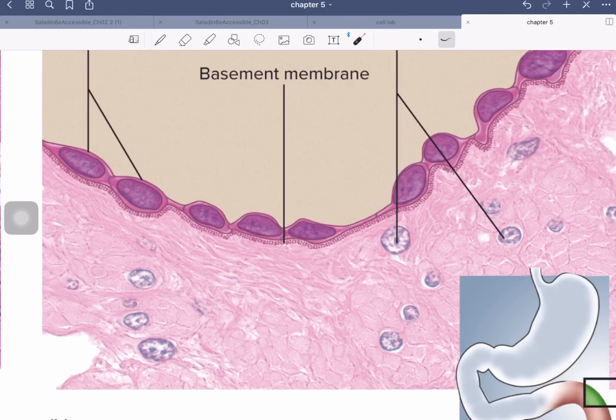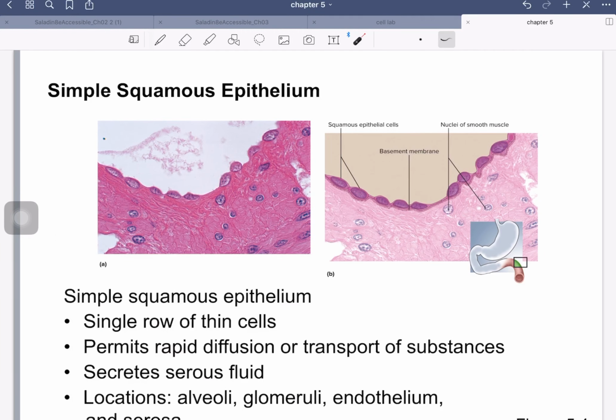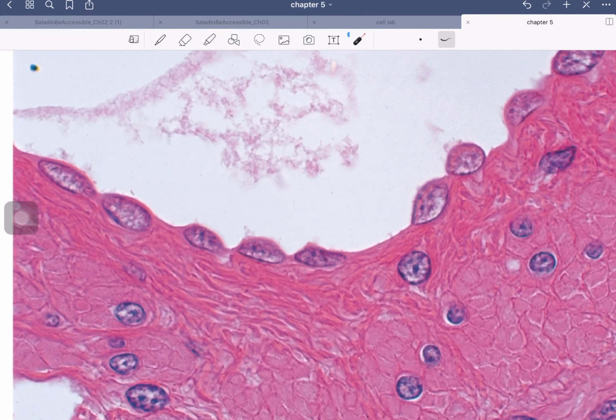So here we can see that this is one cell layer thick, and you can see that the cells are fairly flat in shape. Very flat in shape. So, not surprisingly, what we're looking at here is simple squamous, and you can see it here on a photomicrograph.